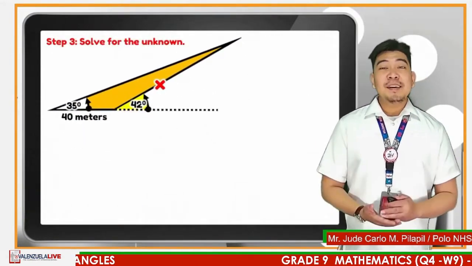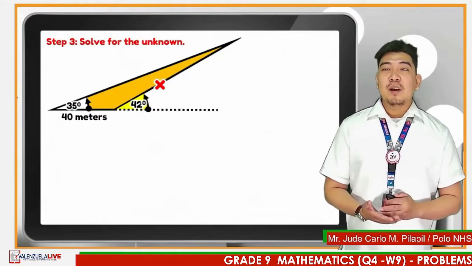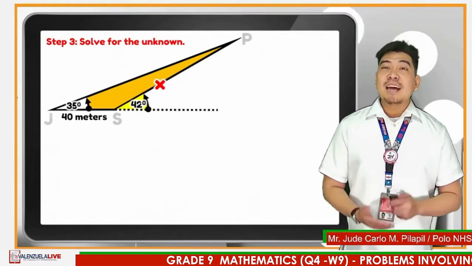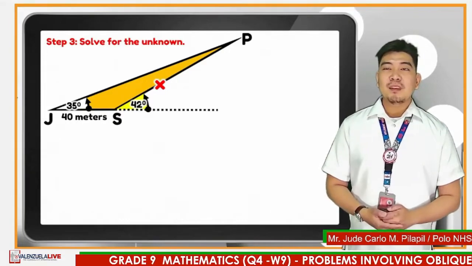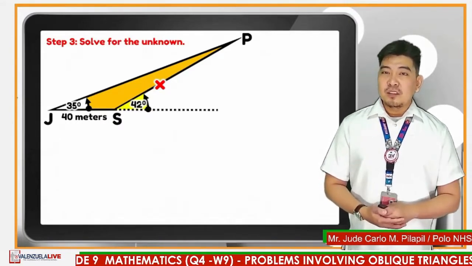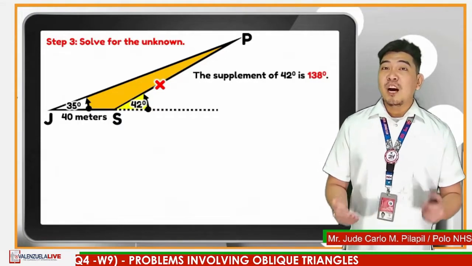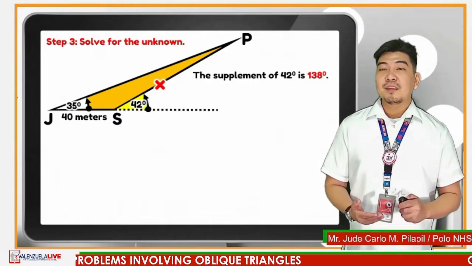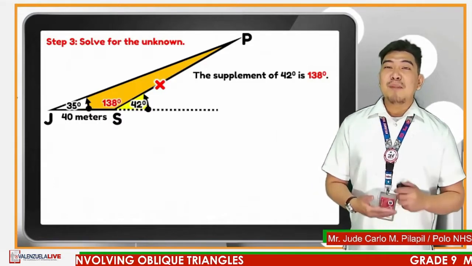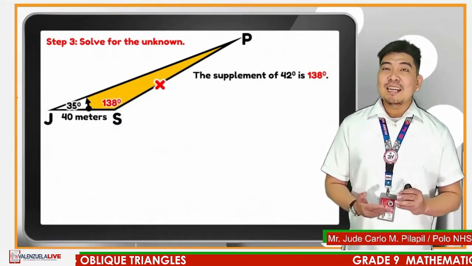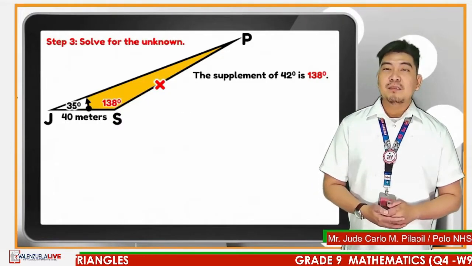Use the oblique triangle described by the orange triangle and name it JSP. Using the linear pair postulate, we can say that the supplement of 42 degrees is 138 degrees. This will serve as the measure of the obtuse angle in our oblique triangle.